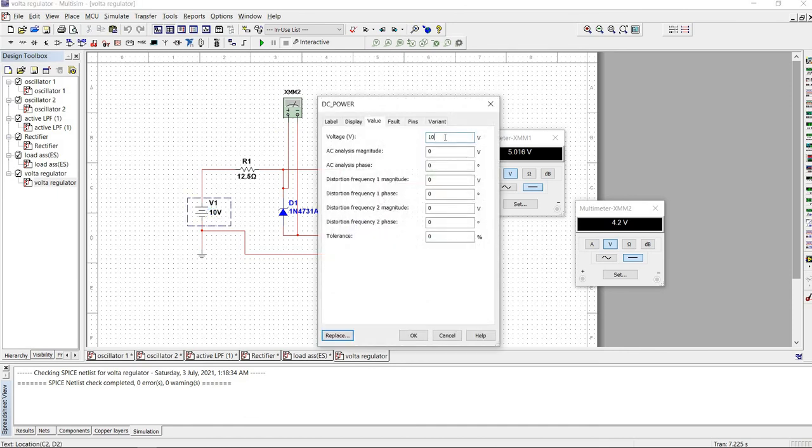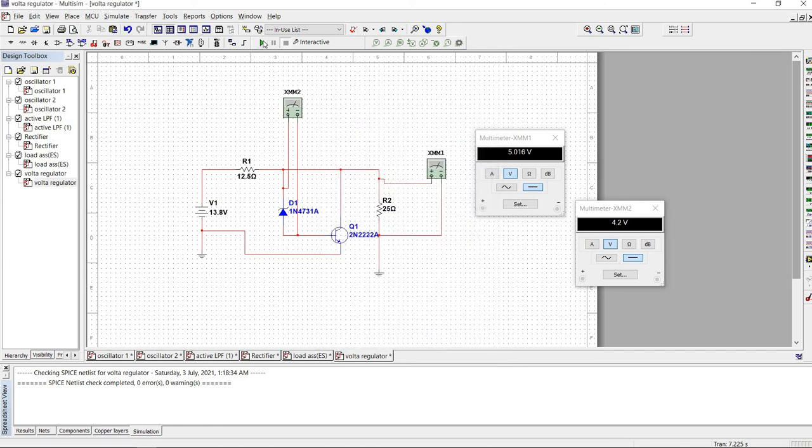If I change the voltage in to 13.8 and I run, my voltage is also 5.43 volts and also 4.2 volts. This is because my voltage regulator has its own limitations.